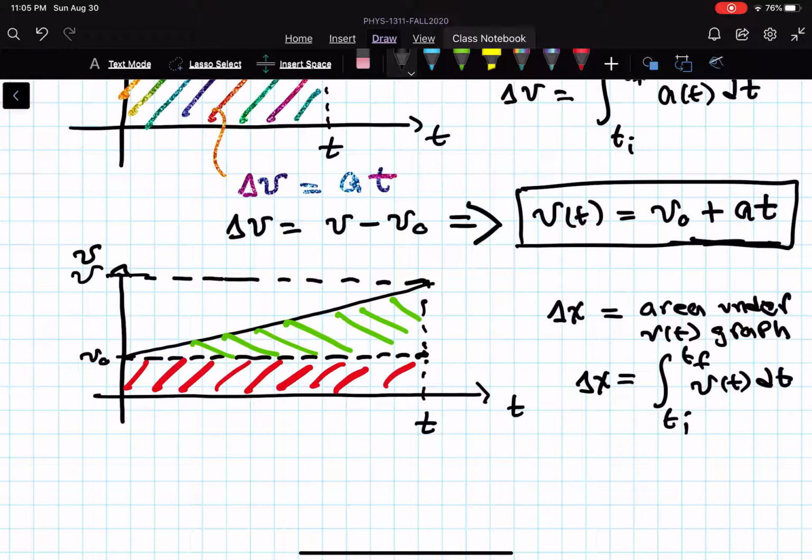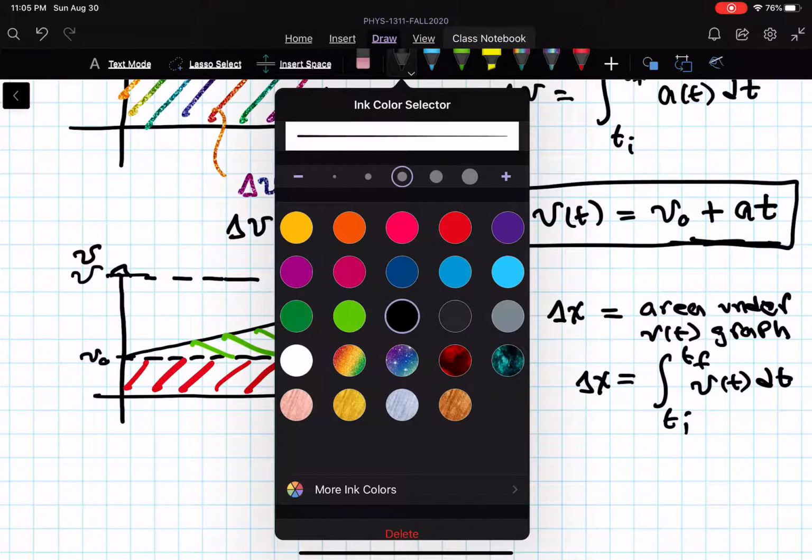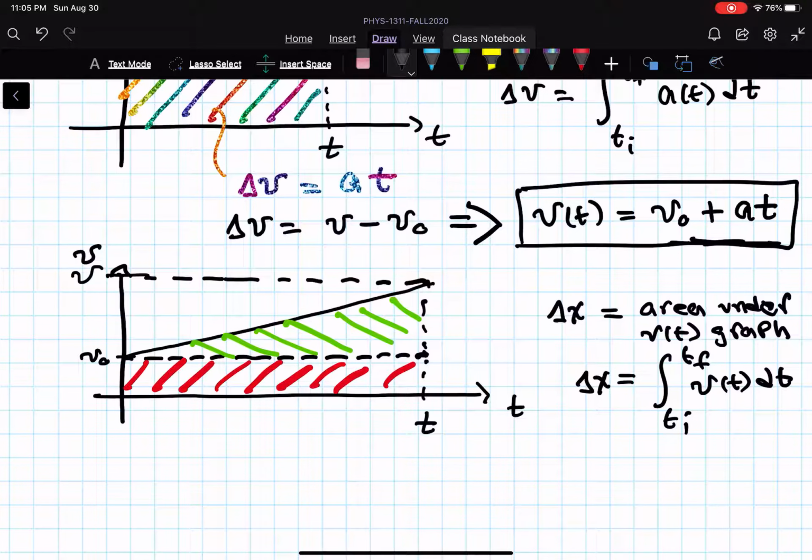So I need to calculate these two areas. This area here is easy. It's the area of a rectangle. So that is equal to v0 times t.